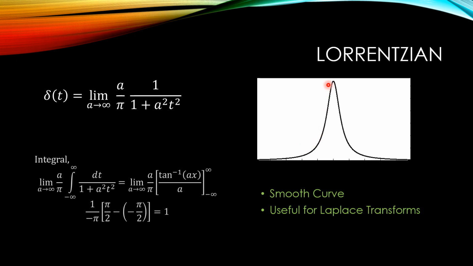It is peaked at t equal to 0, and in the limit a tends to infinity, it will diverge at t equal to 0. And the most important use of this representation is that its Laplace transform can be calculated easily, and therefore it is quite useful when dealing with Laplace transforms.